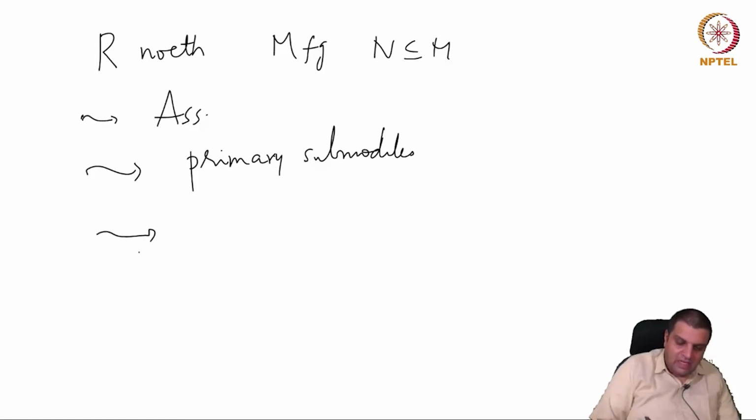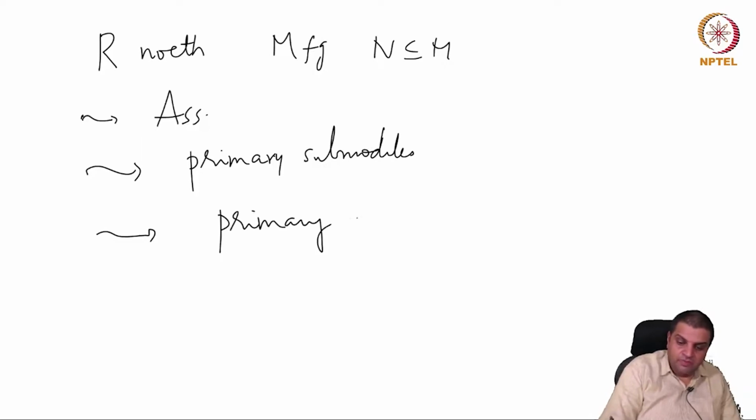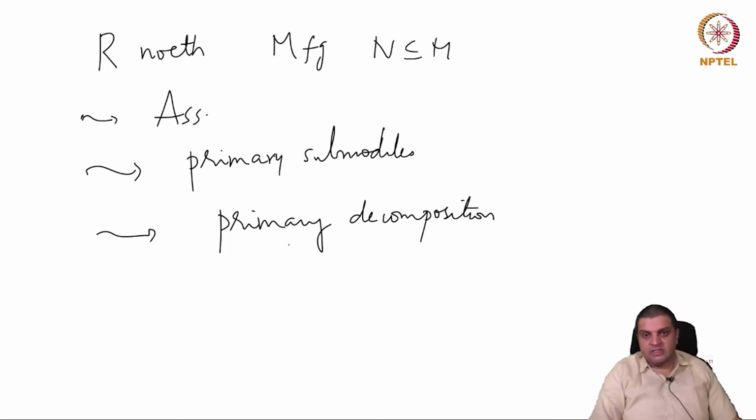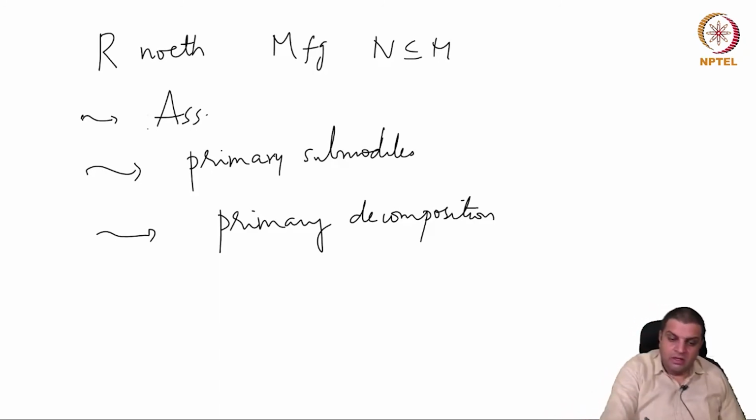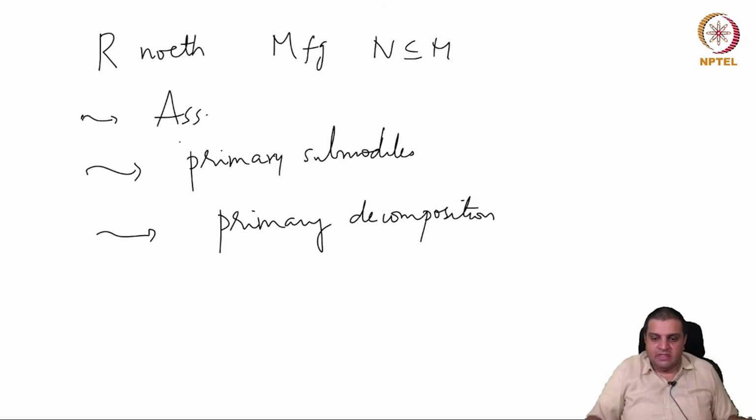And also, we know that there is a primary decomposition. This just means that there is a decomposition in which each factor is primary, so each has a unique associated prime. But what about the associated primes of M mod n if it is not primary?